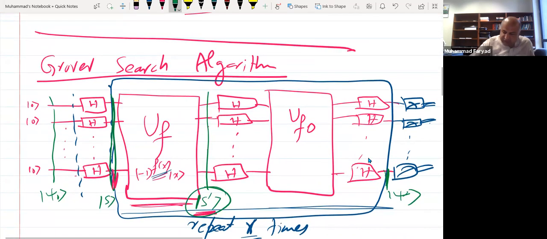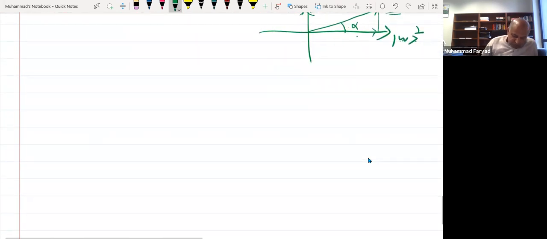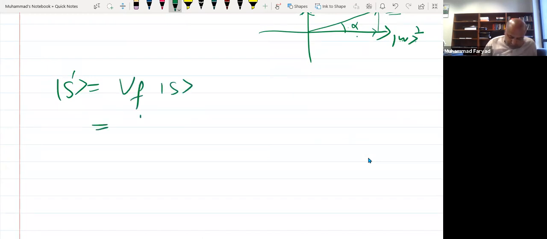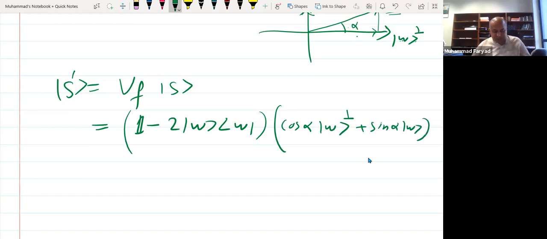So S prime is equal to UF S, and UF is identity minus twice omega ket omega bra, and S is cosine alpha omega perpendicular plus sine alpha omega. So this is my UF, and let's operate it.